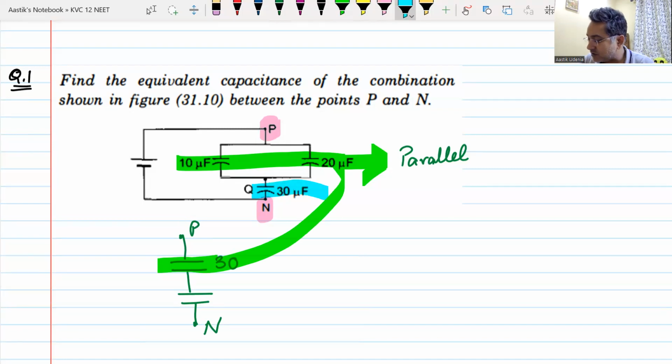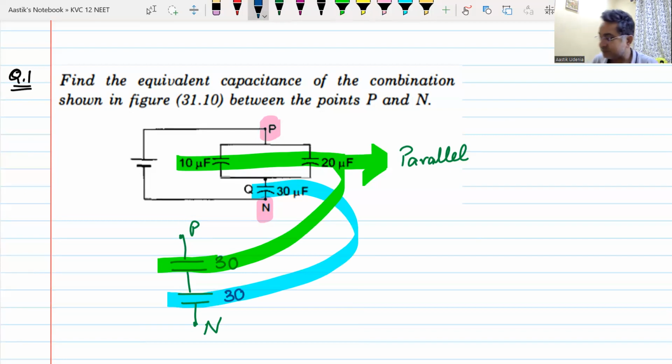And this is the original capacitor of 30 microfarad, which was originally there. And then the question becomes pretty straightforward, pretty simple. Now these 30 and 30 capacitors are in series.